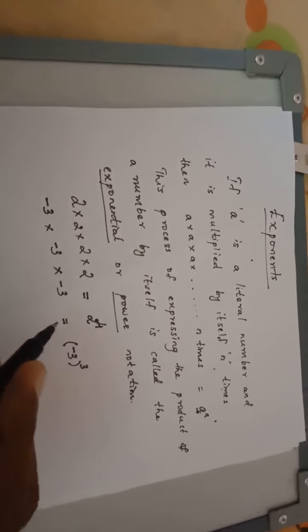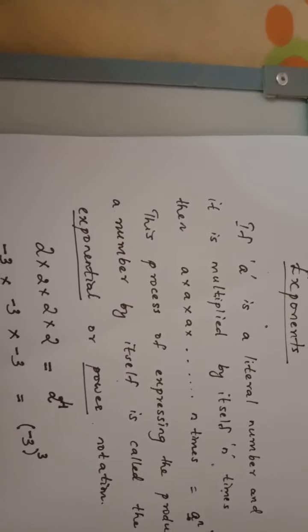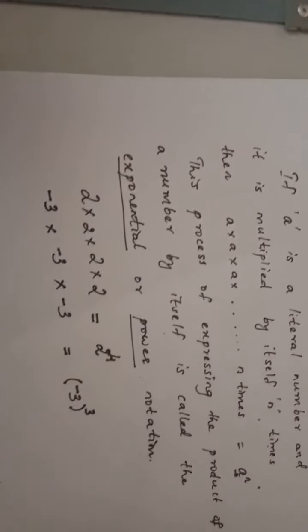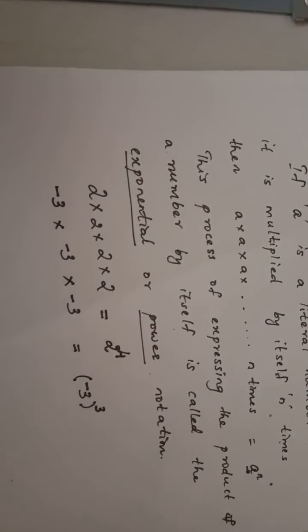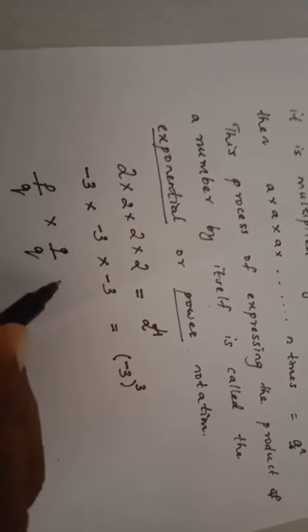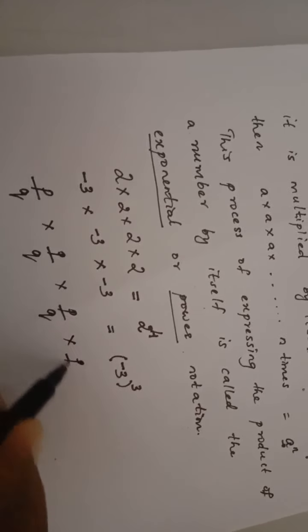Now next, we are going to see how to write the exponential form. If you are given any such expression, you can write it in exponential form. Here I'm going to take a fraction p upon q, p upon q multiplied by p upon q.